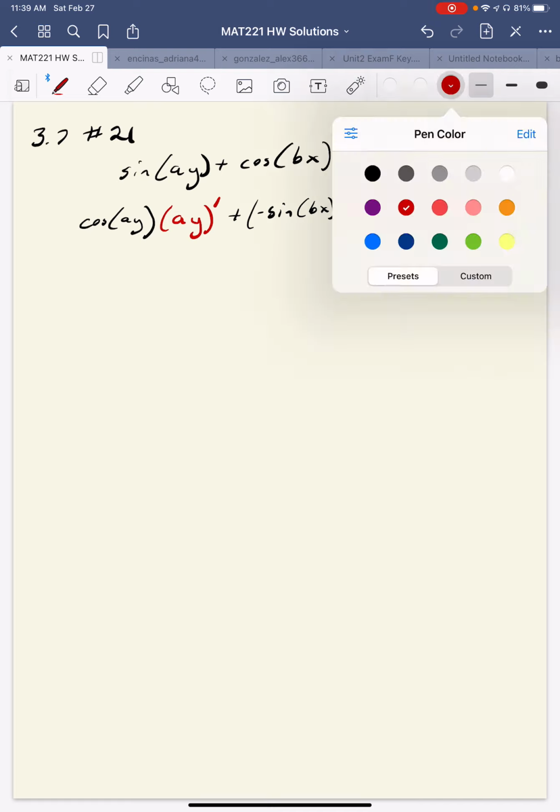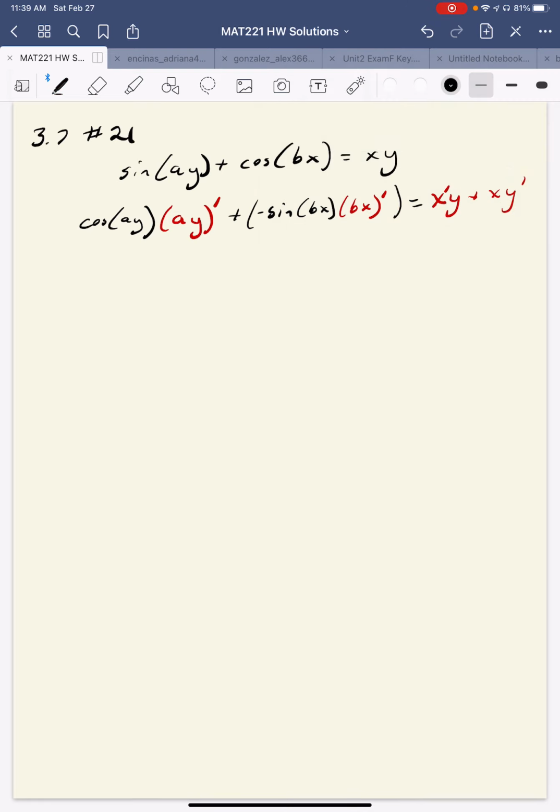That gives me the cosine of ay multiplied by, when I take this derivative, a y prime: the a stays, and y prime is dy/dx. And then plus the minus here, so it's minus sine bx.